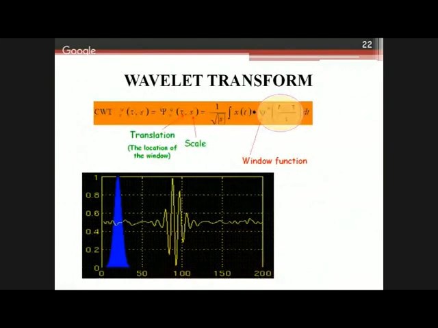There's another transform, the wavelet transform. Its forward kernel is shown in the figure, where tau represents the location of the window, because there is a problem with the Fourier transform. That's why the wavelet transform comes into the picture. What is the problem the Fourier transform has? The Fourier transform works globally on the signal, not locally.